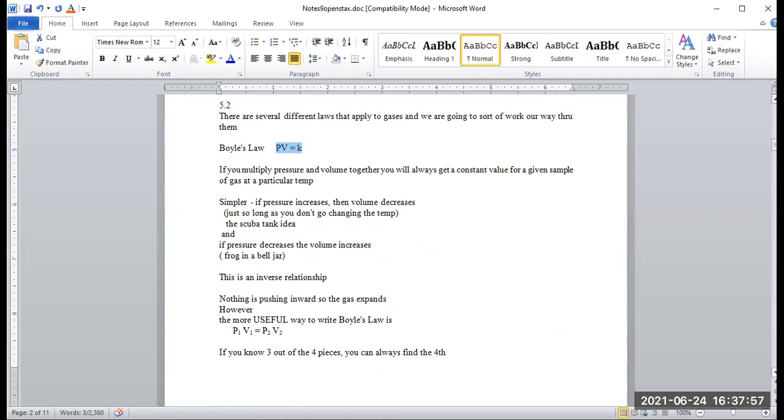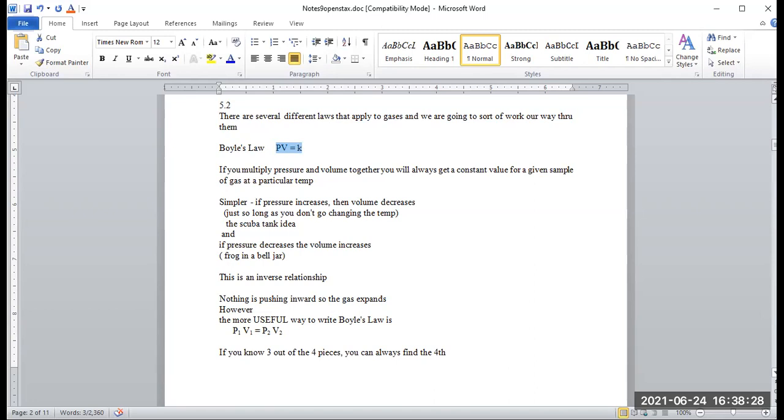I will also refer to this as the whoopee cushion theory. So you have the whoopee cushion and it's inflated. It has that little tube on one side, and if you sit on it, it makes the wonderful sound. The reason I call it the whoopee cushion theory is if you sit on it, you are increasing pressure, and as it makes the really annoying sound, it is decreasing volume.